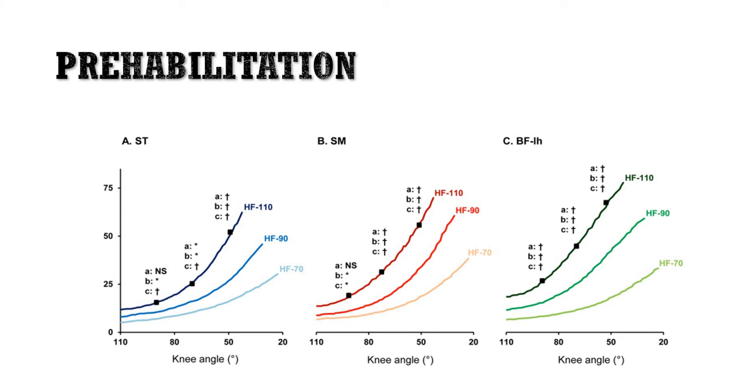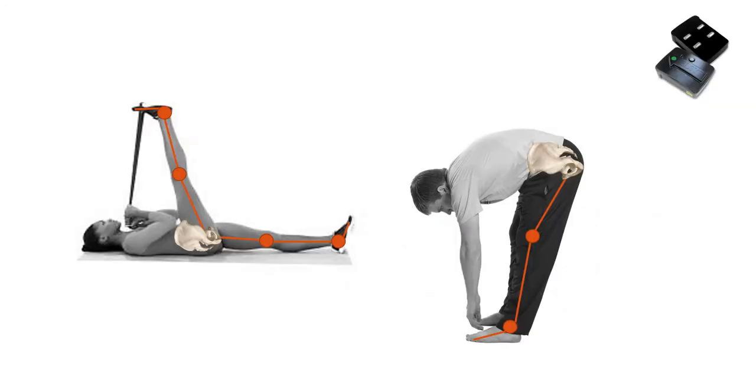So the best stretch for your hamstrings, regardless of whichever muscle, is one where obviously the knee is extended, but that is complemented with hip flexion of the contralateral limb. And we can explain that rather simply here by going back to our two images of our chap touching his toes and the woman laying on the floor using a band to help her stretch.